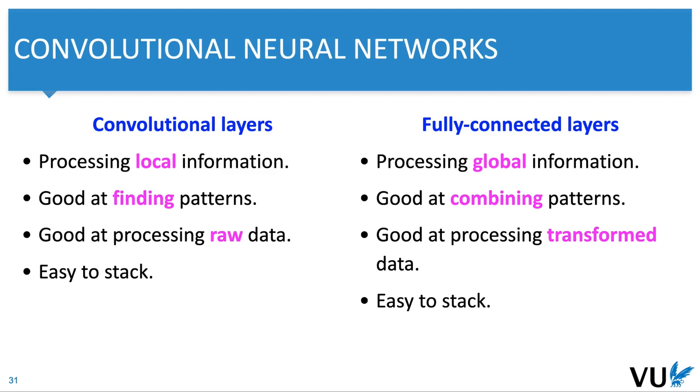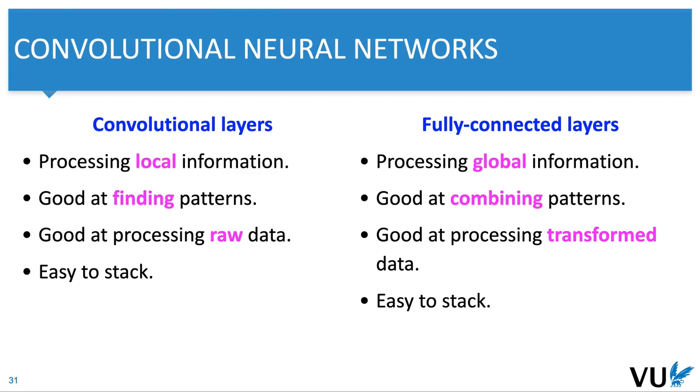So what does it mean? It means that because we act globally with fully connected layers, if there is a small change in input, it could produce a large difference in the output. While for convolutional layers, since they act very locally, small changes don't necessarily influence the whole output. Okay, they only influence the local change.